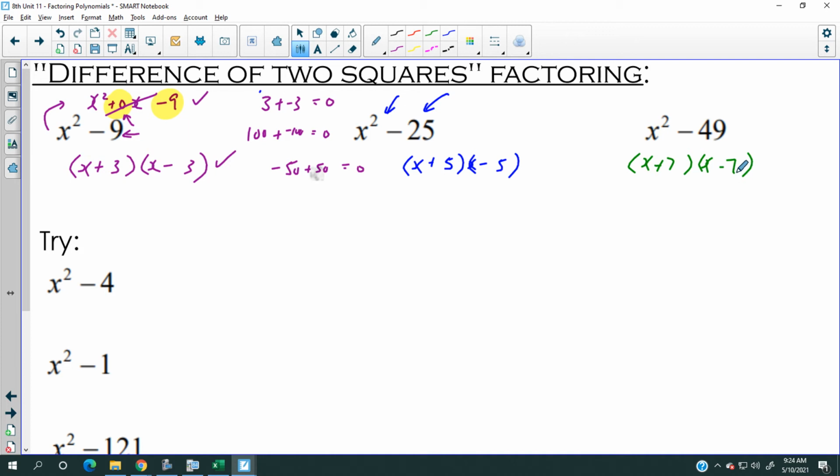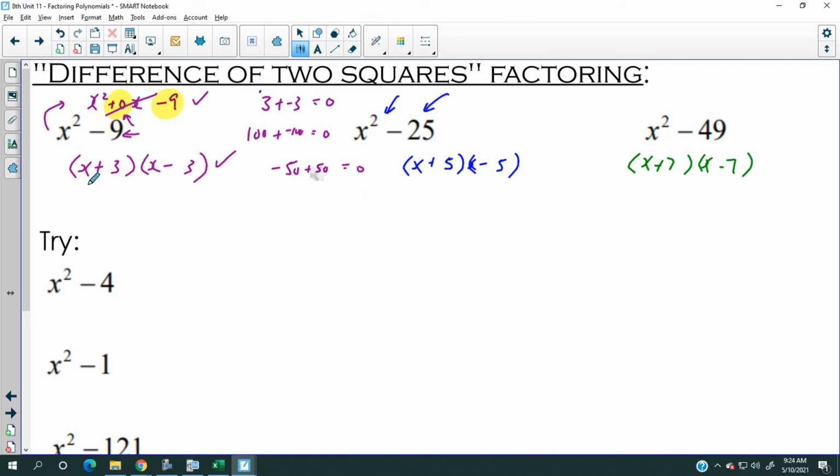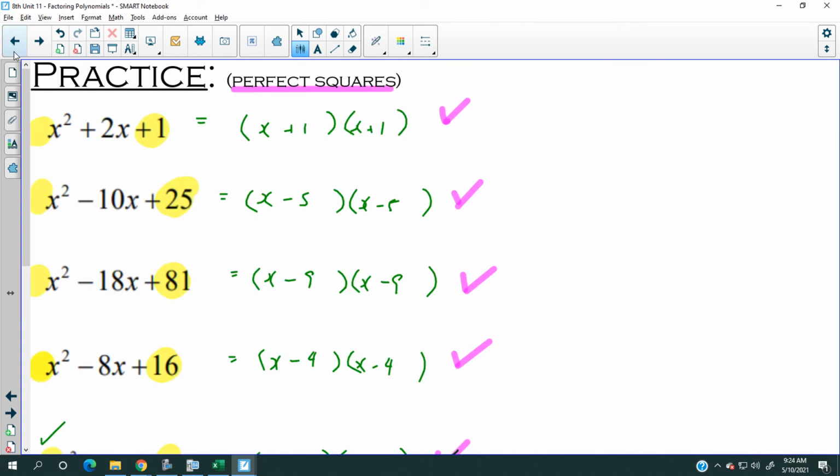Now, then let's compare and contrast what the two lessons are today, okay? So let me get my magic pen. Now, here, yes, just now, the last part, have you noticed these numbers are always the same, right? As a matter of fact, the whole expression is the same, right?